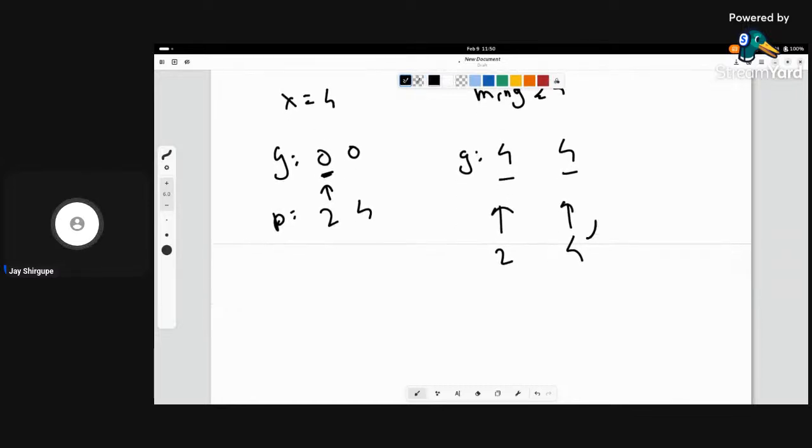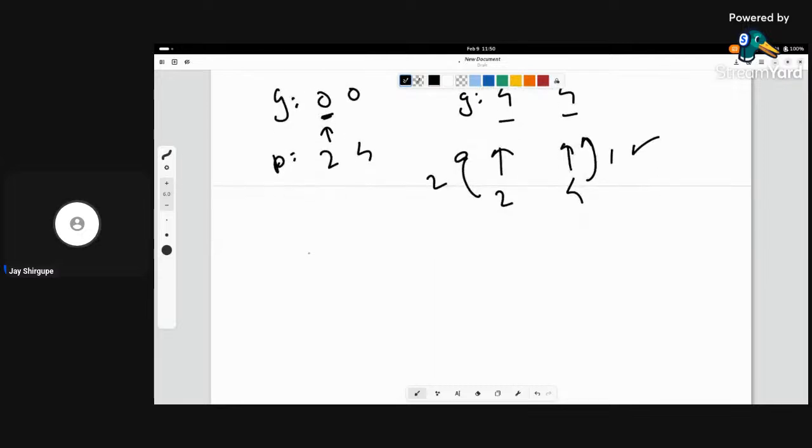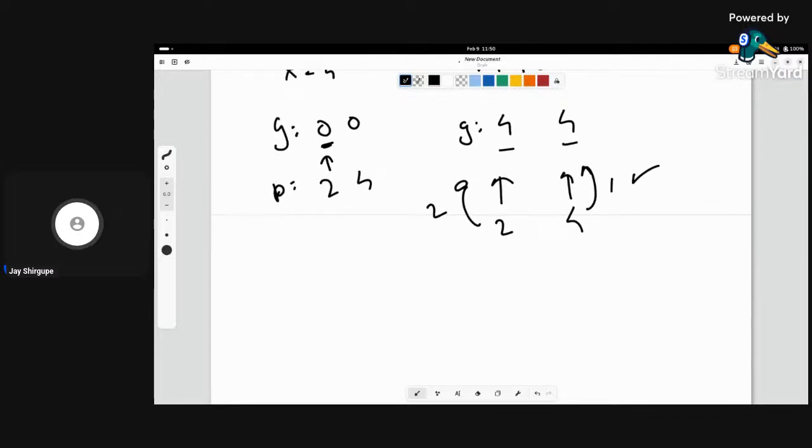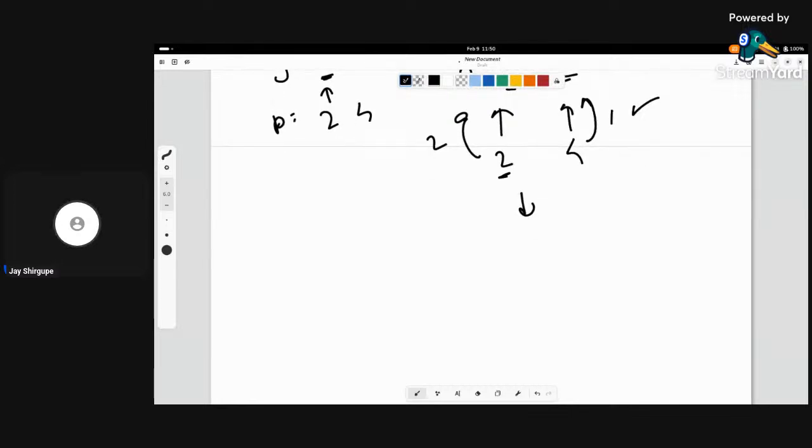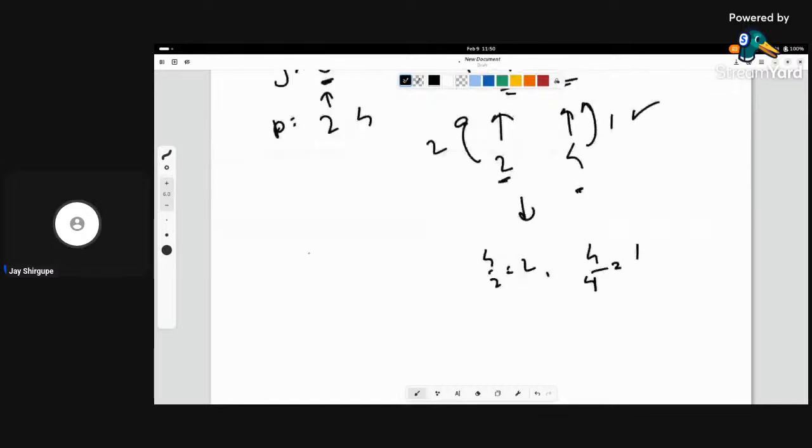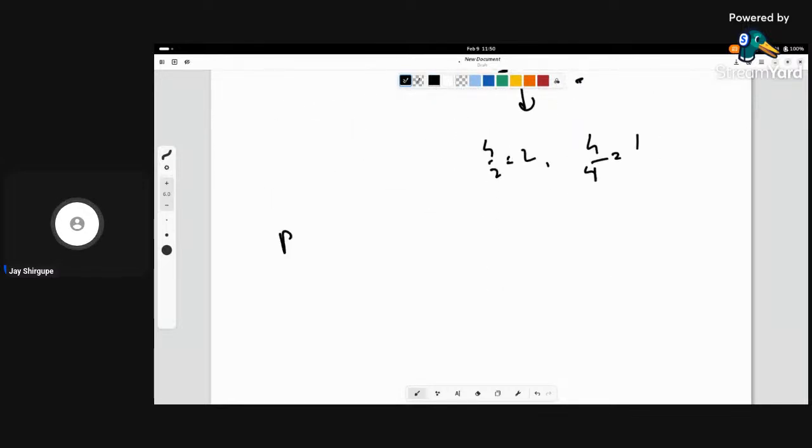If you add 4 exactly once, that would do. Here you would have to add 2 at least twice. So 4 divided by 2 is 2 times, and 4 divided by 4 is 1 time. So if your p array is 2, 4 and your x is 4, then the number of operations on each element would look like 2 and 1.